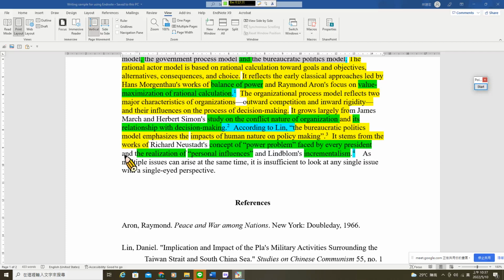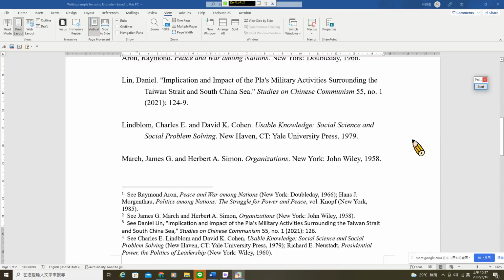It stems from the work of Richard Neustadt's concept of the power problem faced by every president and the realization of personal influences, and Lindblom's incrementalism. So here I point out two other very important scholars in this field, Lindblom and Neustadt. So incrementalism, we have another citation here, number 4. So let's move to number 4.